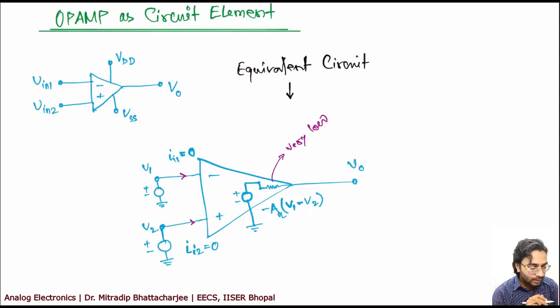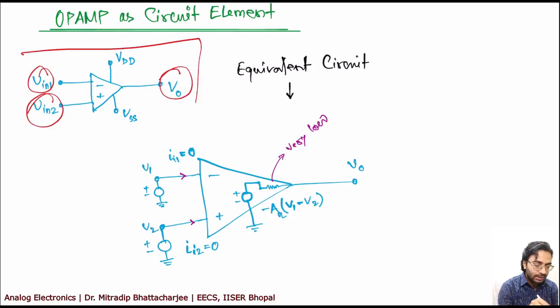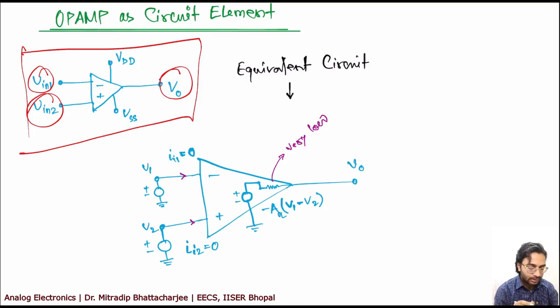Now let us see the op-amp circuit element, how the op-amp circuit looks. What we say is our input impedance or input resistance is very high. So this is Vin1, this is Vin2, this is Vout. This is the typical symbol of an op-amp. Now if I replace this in this circuit which is shown here, you will see that the current through this input terminal is equal to 0.